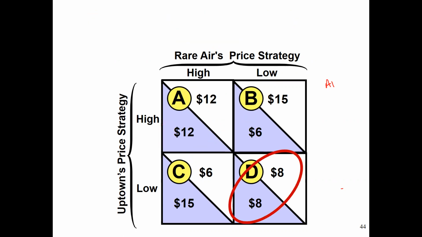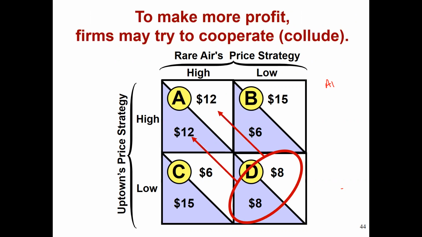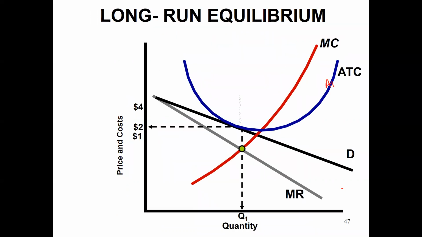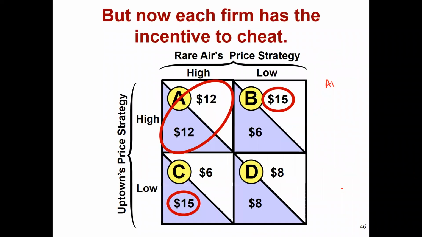We end up there. So 12-12 is the collusion, 8-8 is the dominant strategies. For collusion, it's a monopoly graph. And just remember, collusion is like a cartel.